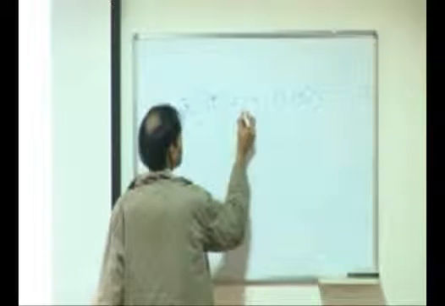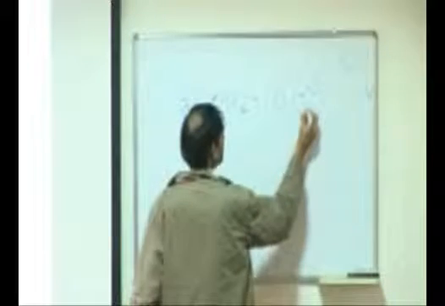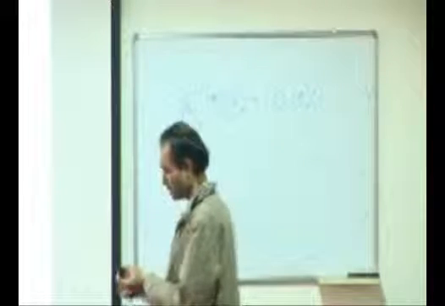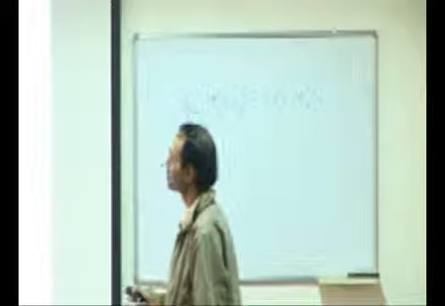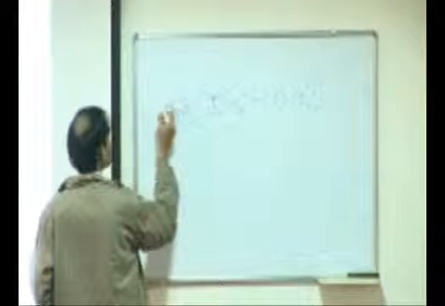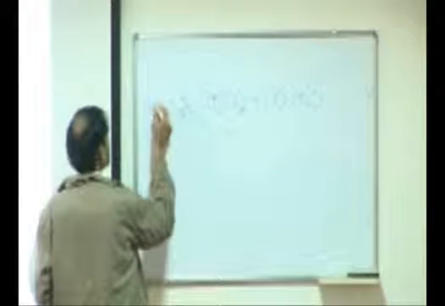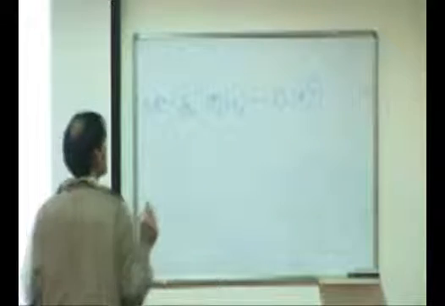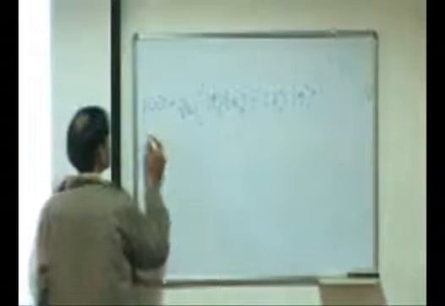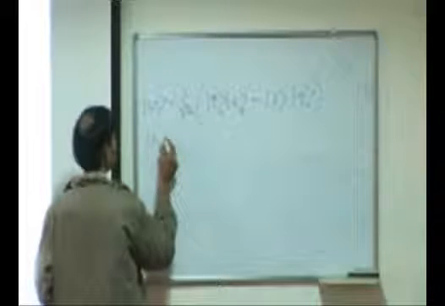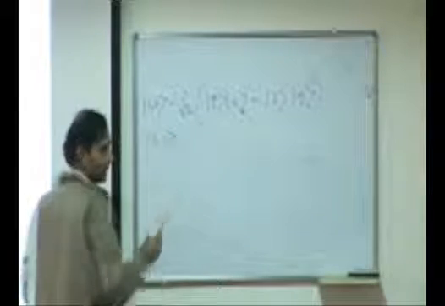Let's call them 1 and 2. If this is site 1 and this is site 2, this is denoted as (1,2). Note that this is not the same as (2,1). There is a change in phase.